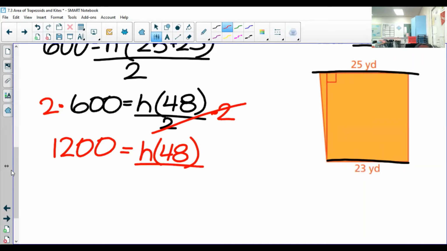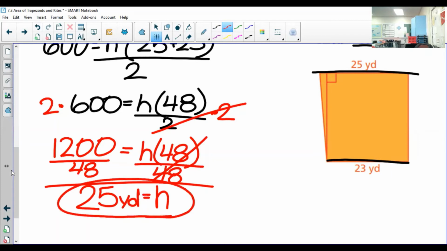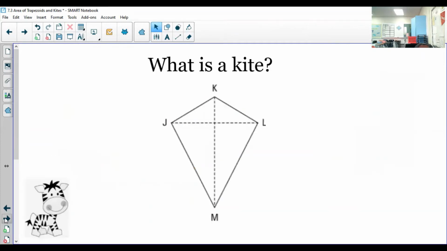So we're going to do the opposite, which is divide. Divide by 48 on both sides. So my height is 1200 divided by 48 would be 25 yards. And that's the answer, right? Okay, now you know how to do trapezoids. Look at this. You're learning all kinds of great stuff. Okay, let's move on to kites.